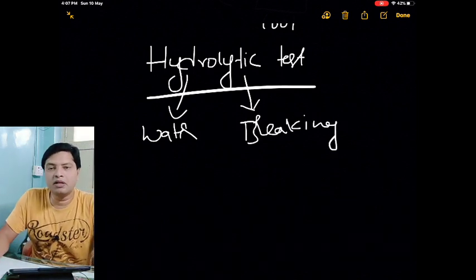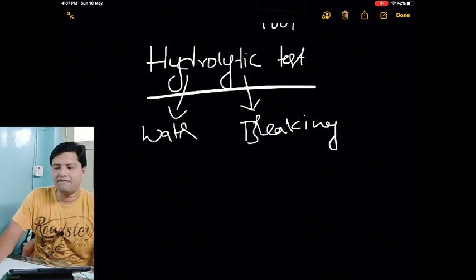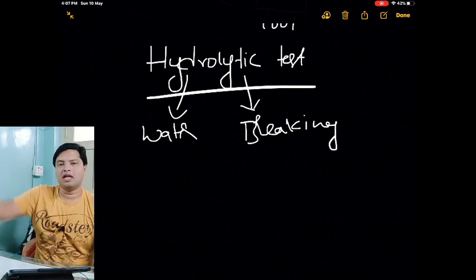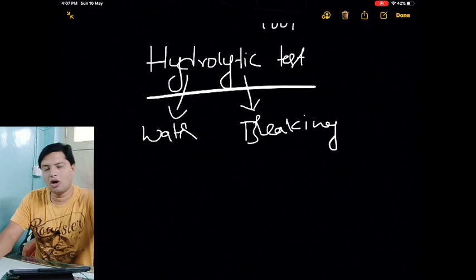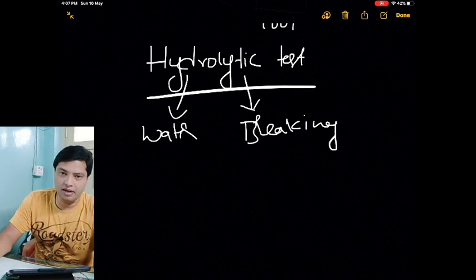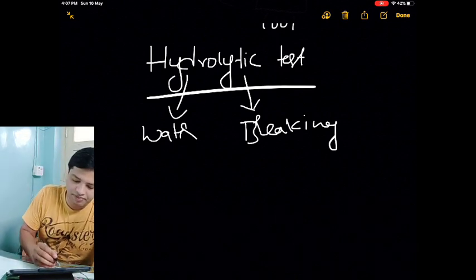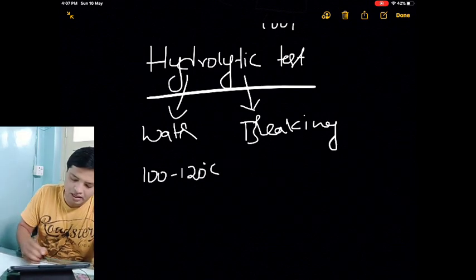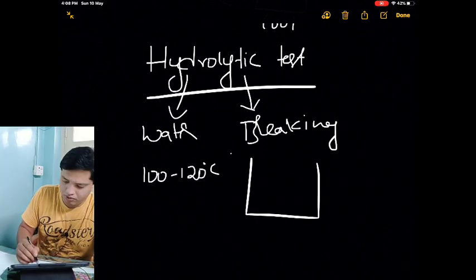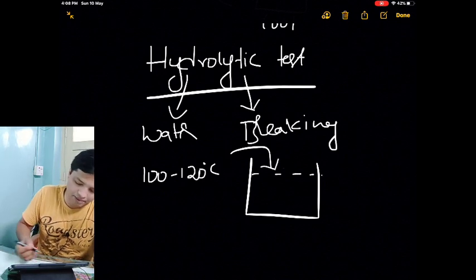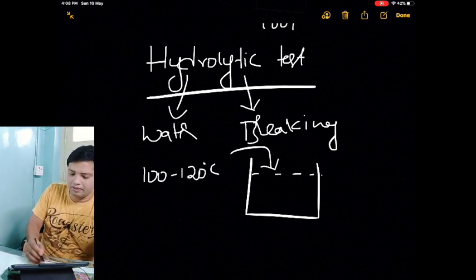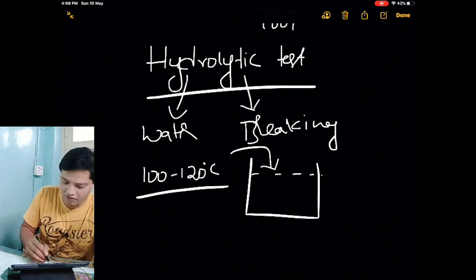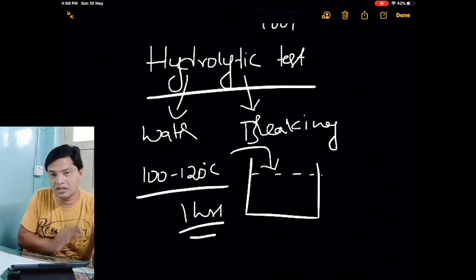By keeping water inside the beaker for a longer time than in the test we have done previously, at a prescribed temperature, let's say 100 to 120 degrees, you take a beaker and pour water in it up to 90%. Keep that same temperature for 1 hour.